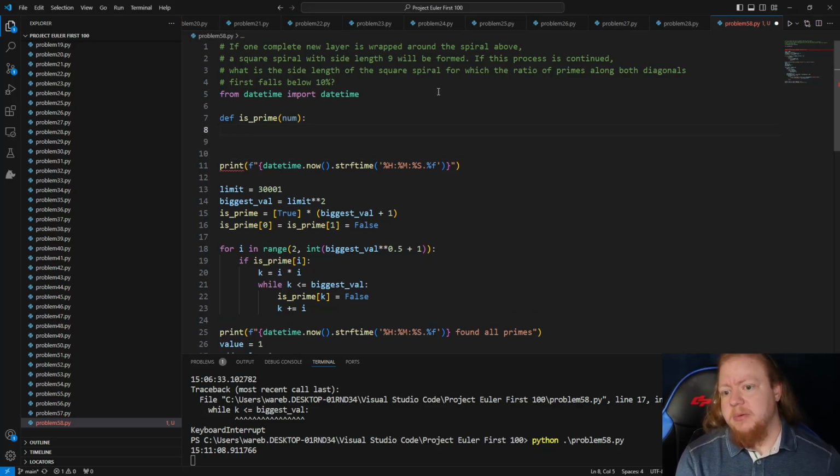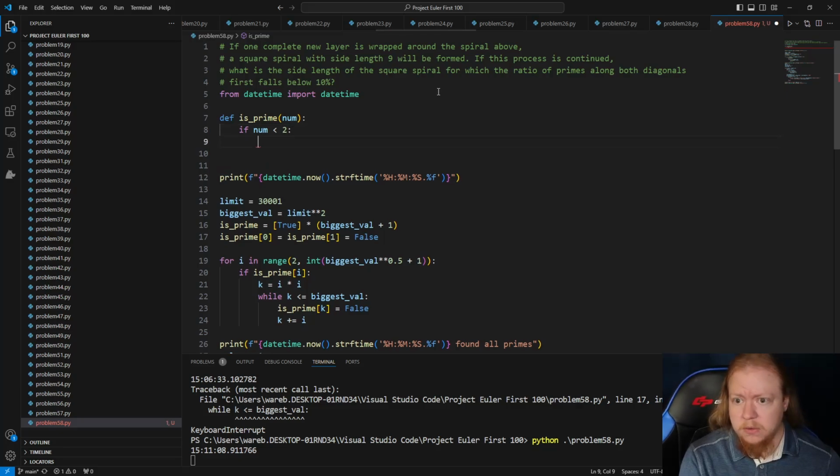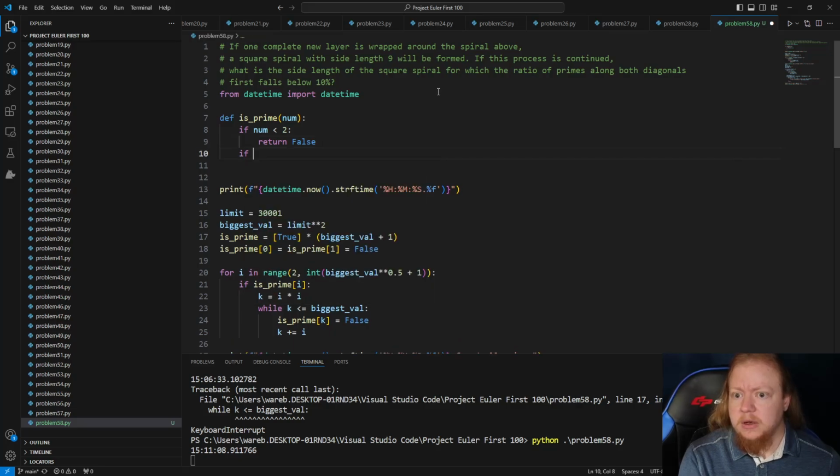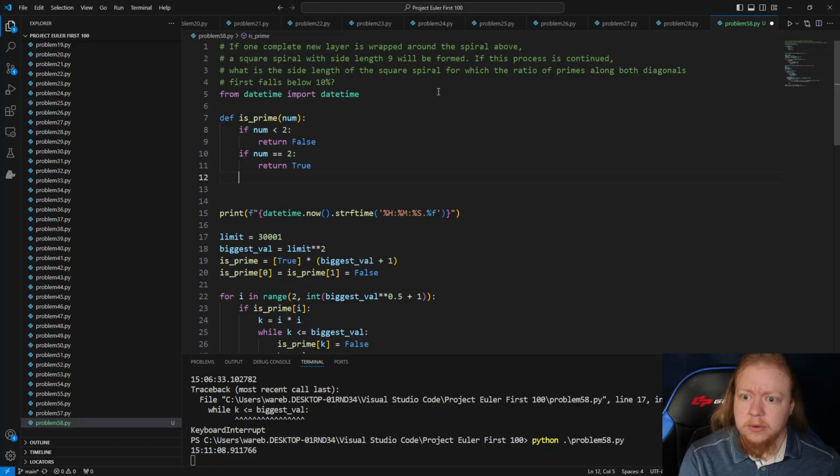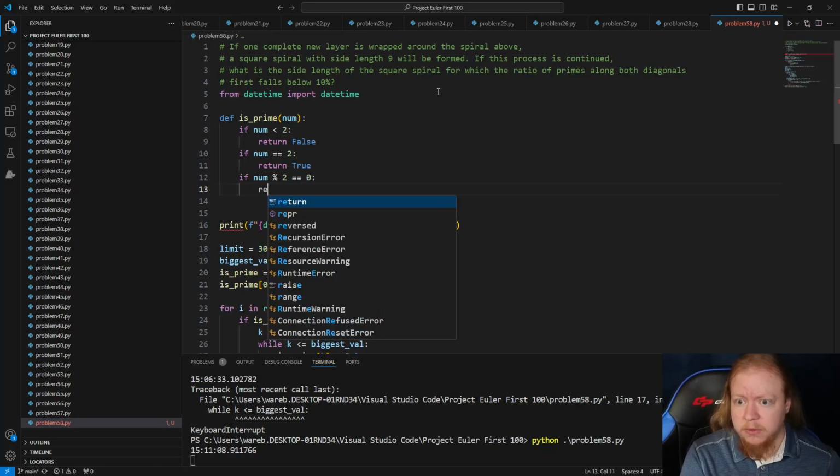So, is prime. In order to find if a number is prime, if num is less than 2, we return false. If num equals 2, we return true. If num mod 2 is equal to 0, we return false.